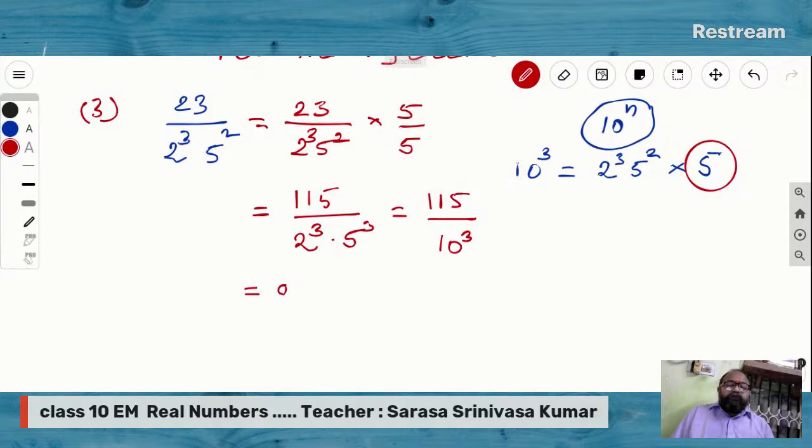This is equal to 0.115. Again, this is a terminating decimal number.